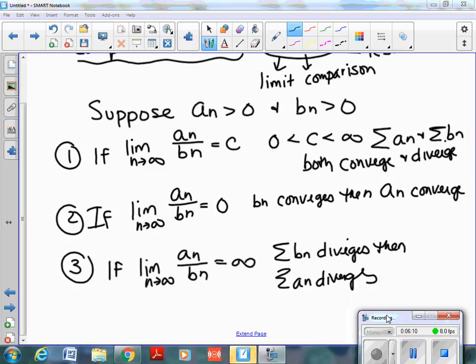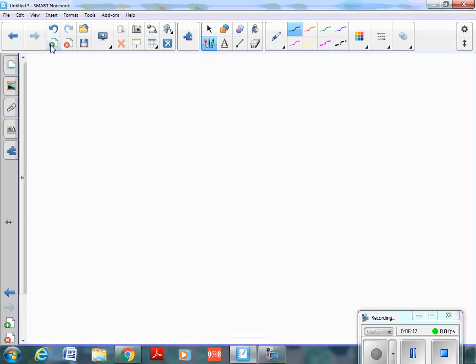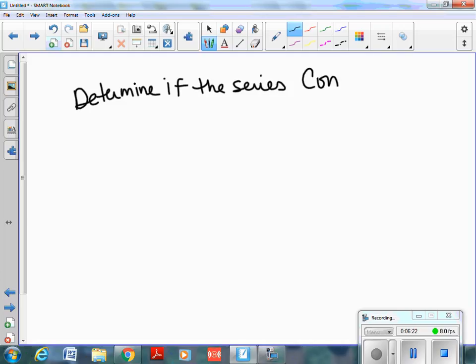So, just to give you some examples, determine if the series converges or diverges. And here it is. I'll probably give you 3 examples. These 3 are in the book also.